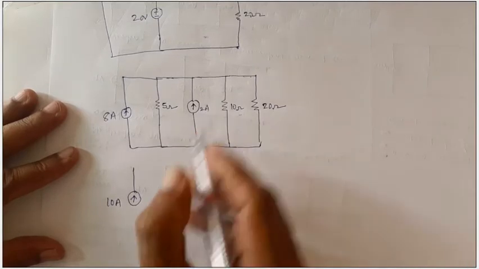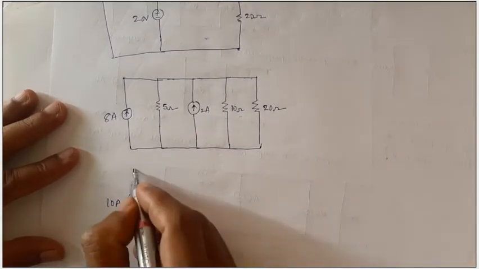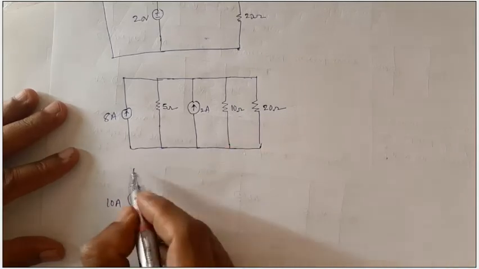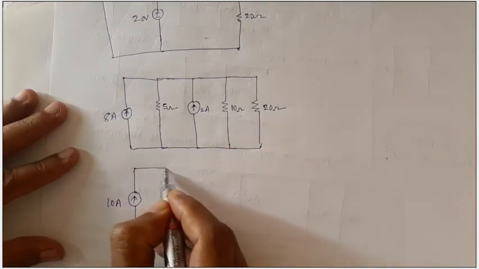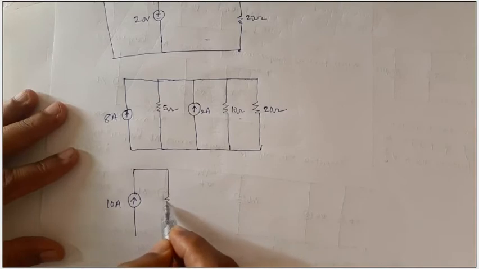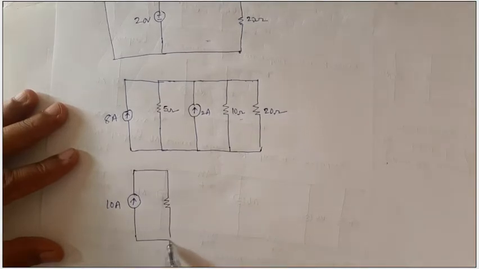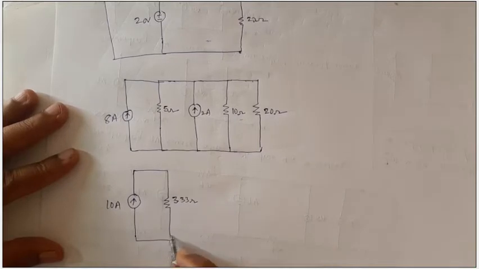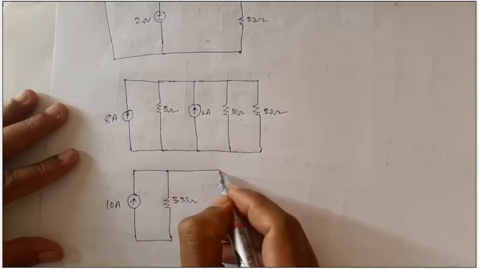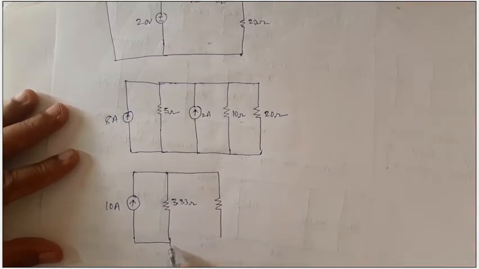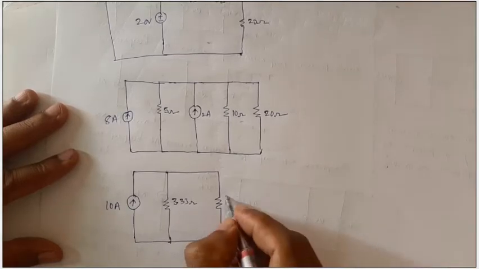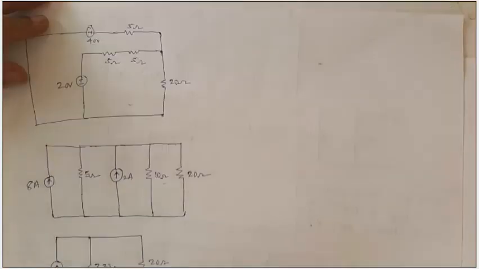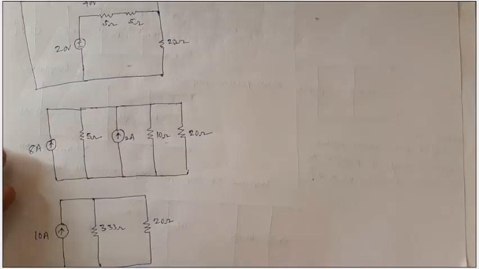This resistance is 5 into 10 divided by 15, since 5 plus 10 is 15, which is 3.33 ohm, right. And here we have the 20 ohm resistor across which we are supposed to find the voltage. So very simple, dear students.